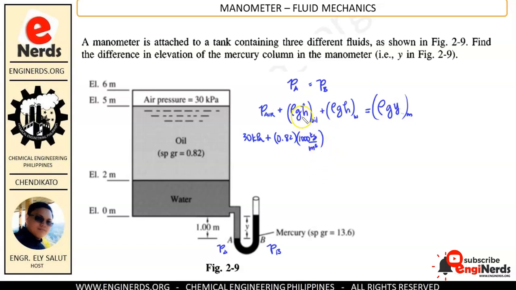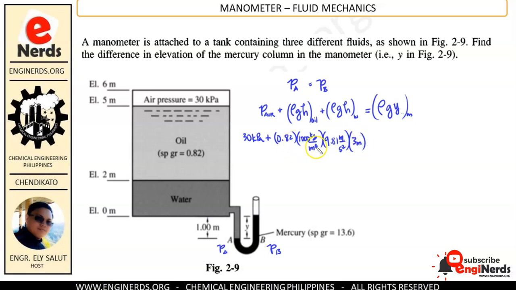And then we will multiply to our G the acceleration due to gravity which is 9.81 meter per second squared. And then ang height ng oil which is 5 minus 2 meters which is equal to 3 meters.